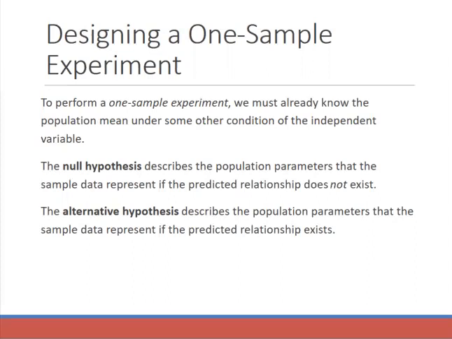The alternative hypothesis is always the one that you're really interested in. The alternative hypothesis describes the population parameters that the sample data represent if the predicted relationship exists. If there's no effect, there's no purpose in doing the study, right? So we choose the alternative.